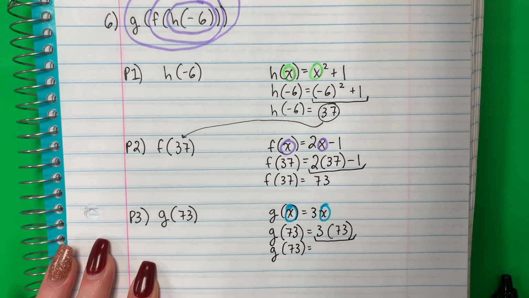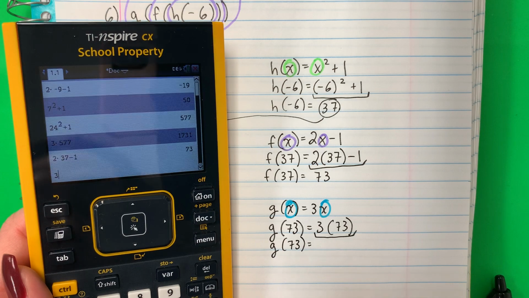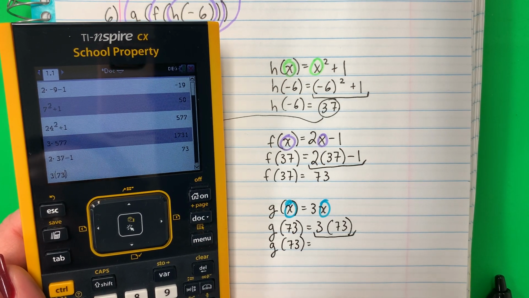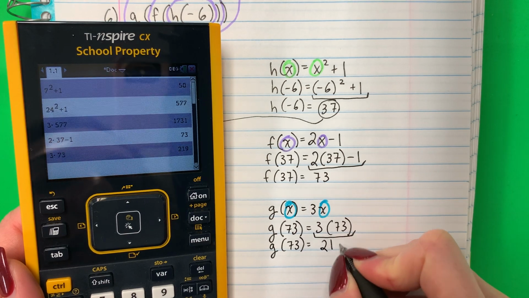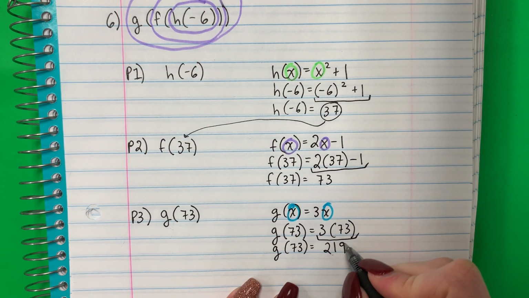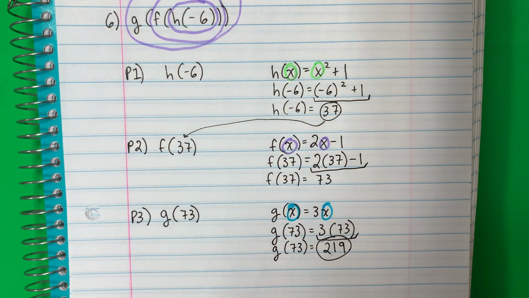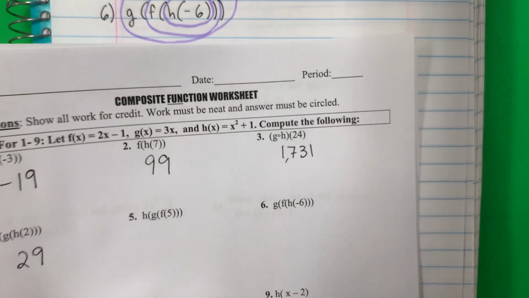What is 3 times 73? ¿Qué es 3 por 73? 3 times 73 is 219. That is my final answer. Es mi última respuesta. 219. Let's go ahead and write that one down.